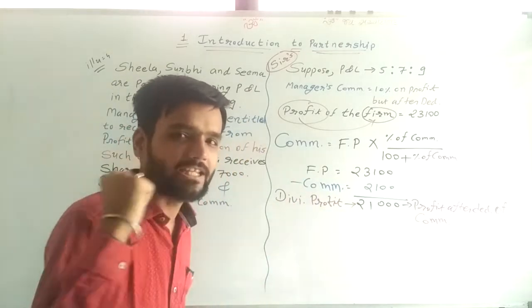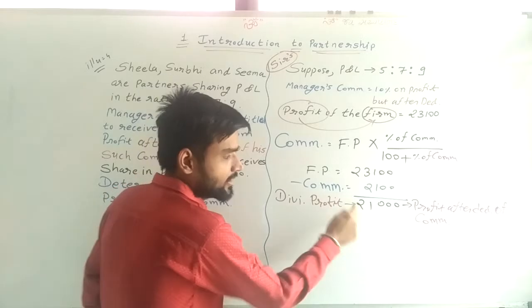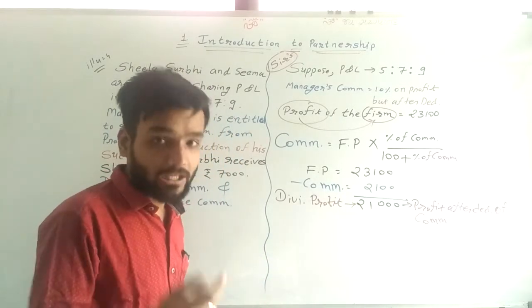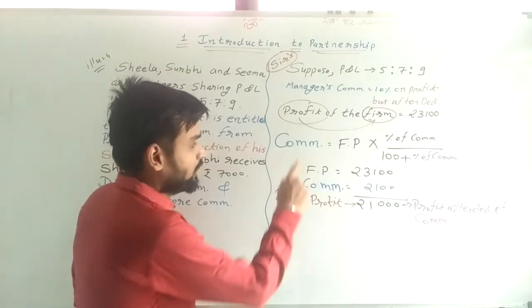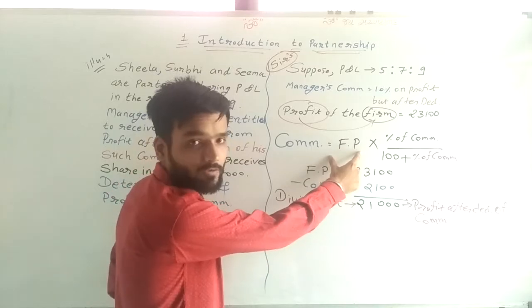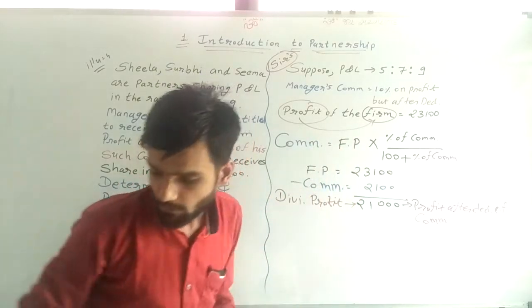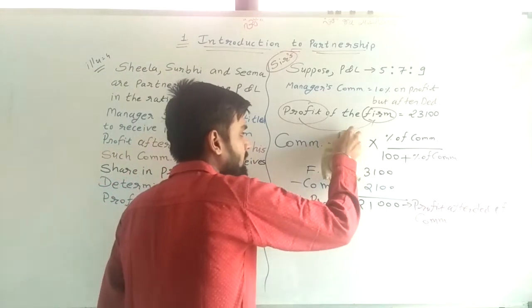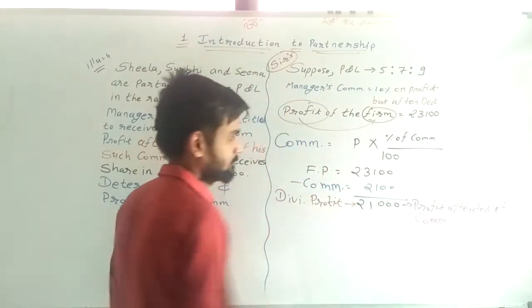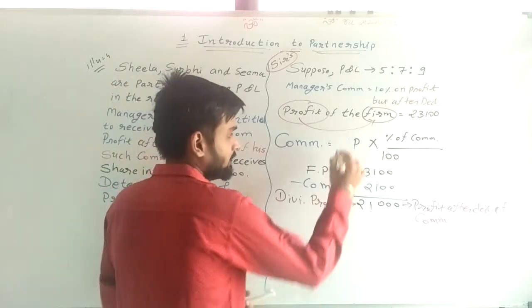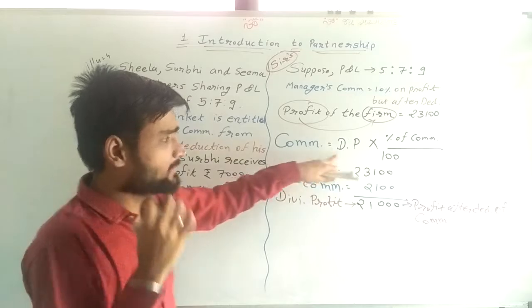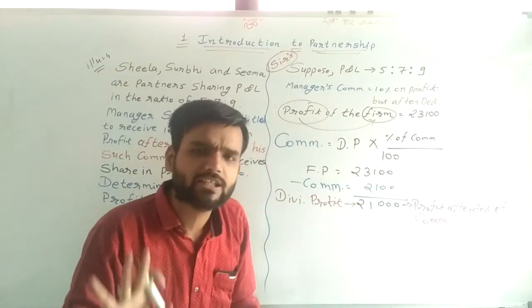Now we can cross tally by using 21,000 and finding the commission. We can use the second formula also, the second formula of commission. If your firm profit is given, then we use the first formula. But if divisible profit is given, then divisible profit into percentage of commission divided by 100 only.